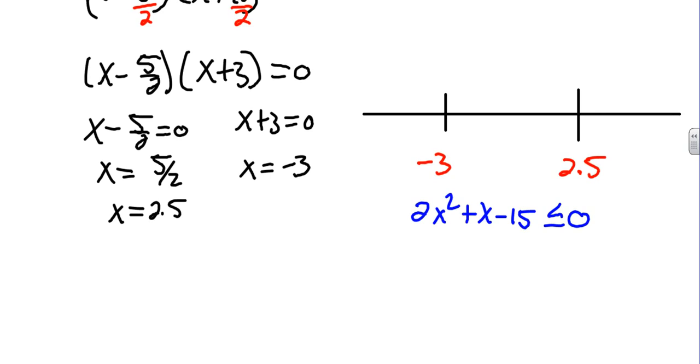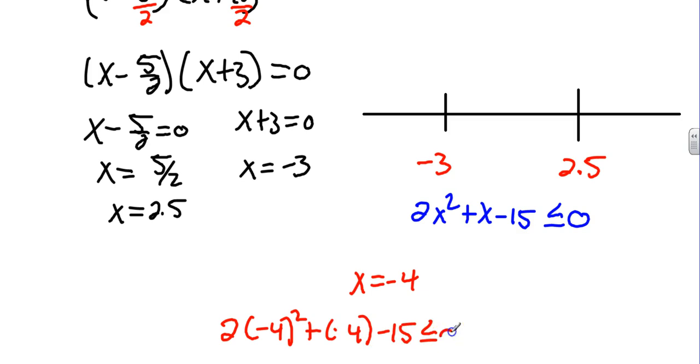Okay, so any number to the left of negative 3. Alright, we'll go crazy and go negative 4. Again, if you want to go negative 10, negative 100, you can do that. Plugging that back in here, we get 2 times negative 4 squared plus negative 4 minus 15, and then the question mark is that less than or equal to 0?